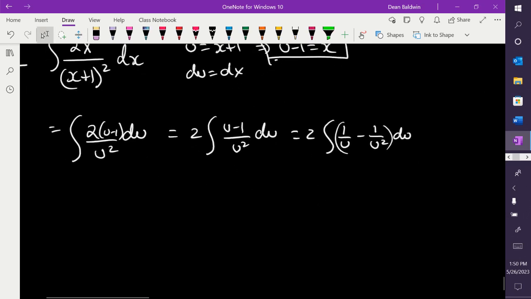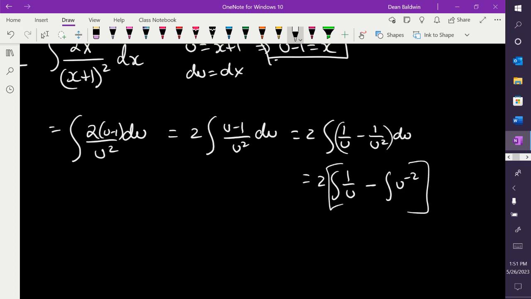So the other one's just going to be a regular one. So we're going to write it as 2 times the integral of 1 over u plus the integral of u to the negative 2. And it should be minus is what it should be. Like that. And they should have du's, but whatever.